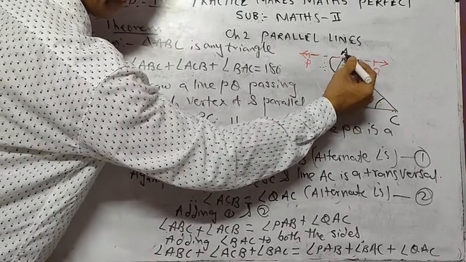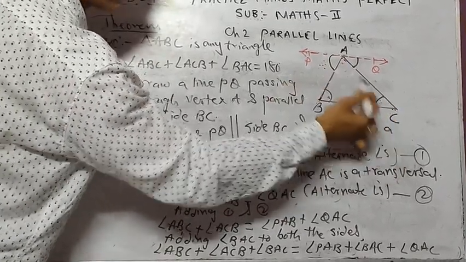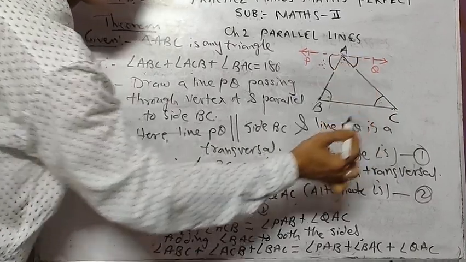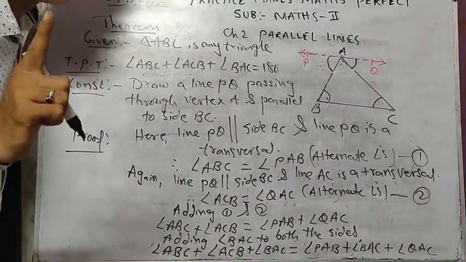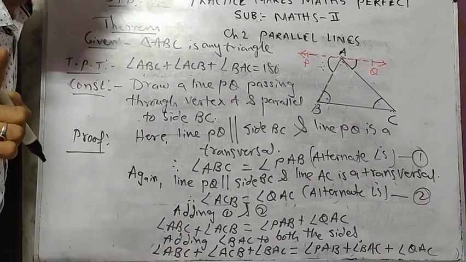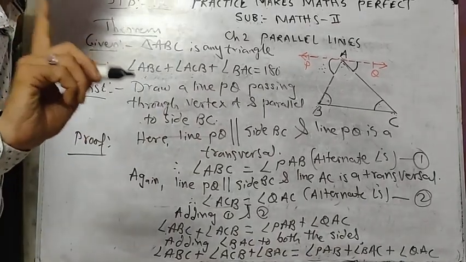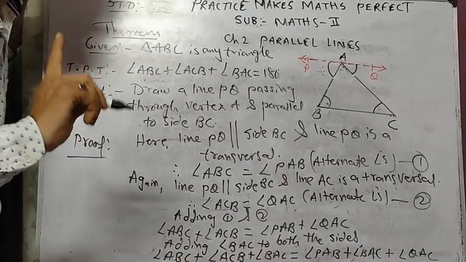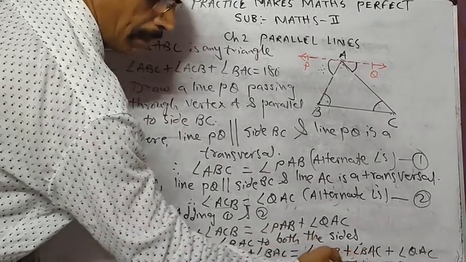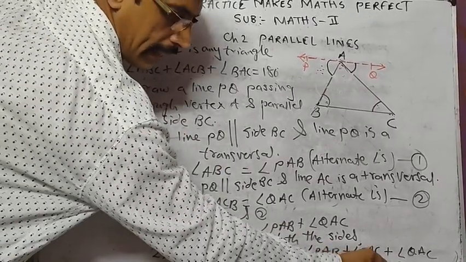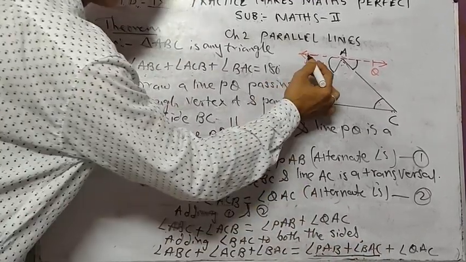I will get PAC. And PAC and QAC will form a linear pair. You know, linear pair angles are always 180 degrees. Three angles cannot form a linear pair, so I will merge these two angles and get one single angle.